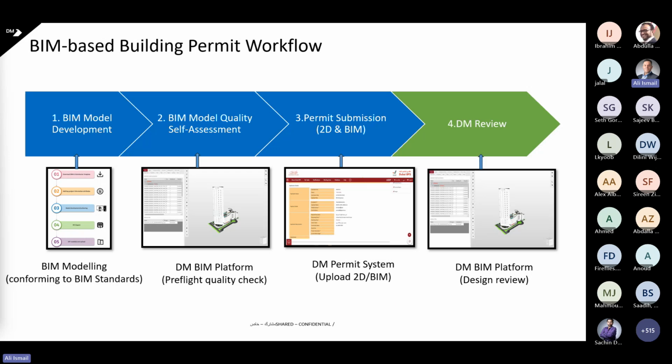If your model reaches this stage, it will be reviewed by Dubai Municipality permit engineers, and they will either accept it or reject it until your model is accepted. In this case, you will have a BIM enabled building permit, with an additional stamp on your building permit which recognizes your project as a BIM project. So these are briefly the steps to obtain the BIM enabled permit.